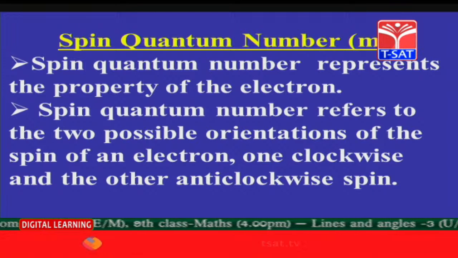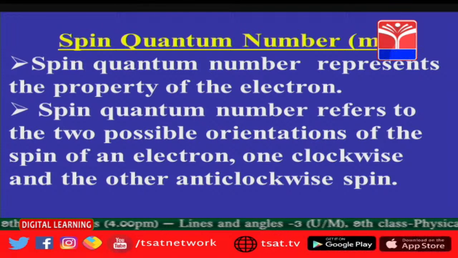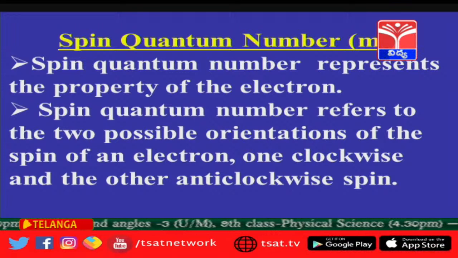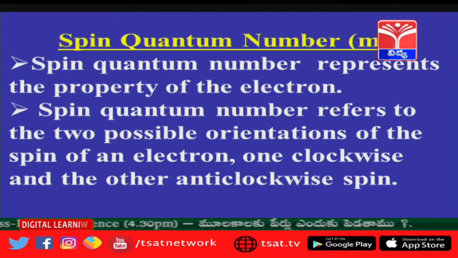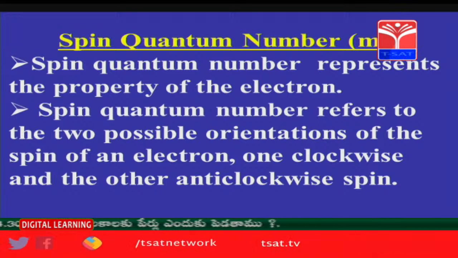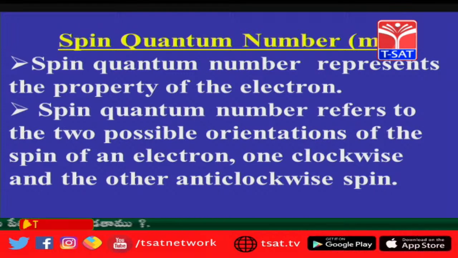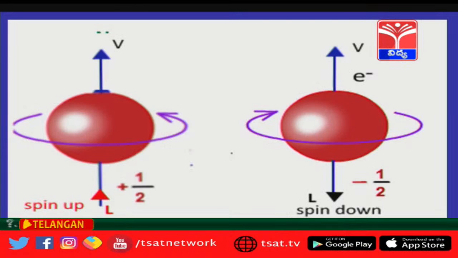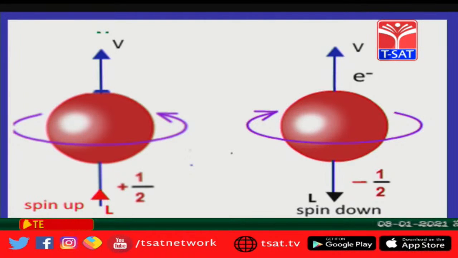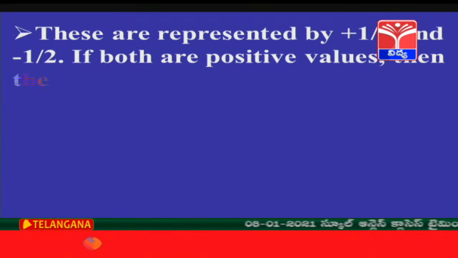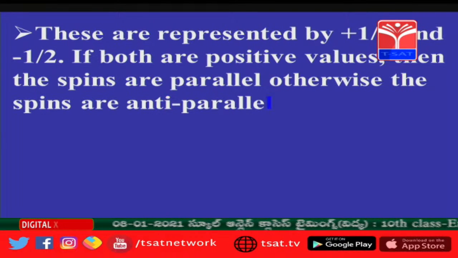It means while electron is revolving around the nucleus, it has its own spin, it rotates itself. That rotation may be in clockwise direction or it may be in anti-clockwise direction. Spin in clockwise direction is indicated with +1/2 symbol, spin in anti-clockwise direction is indicated with -1/2 symbol.